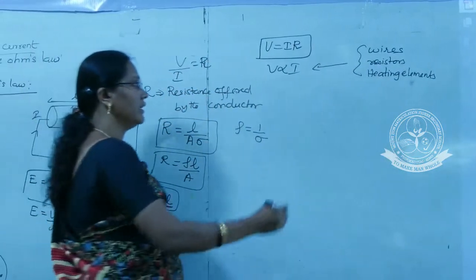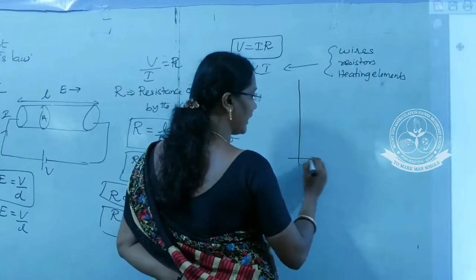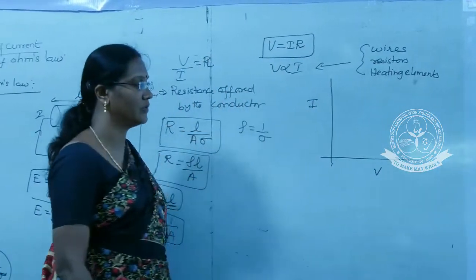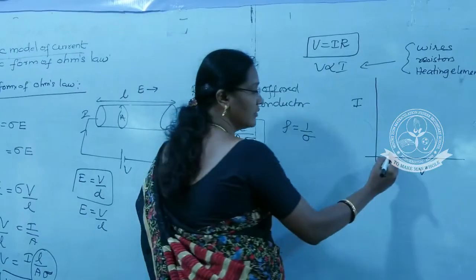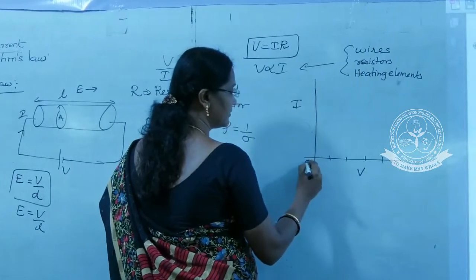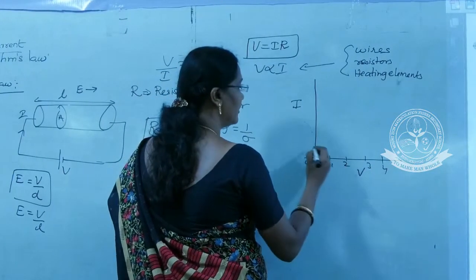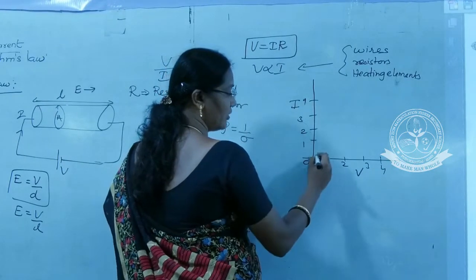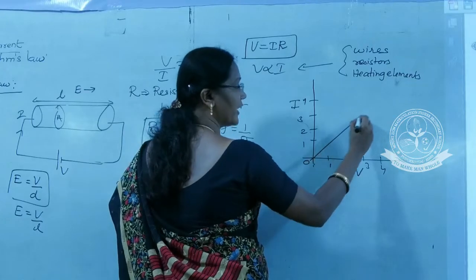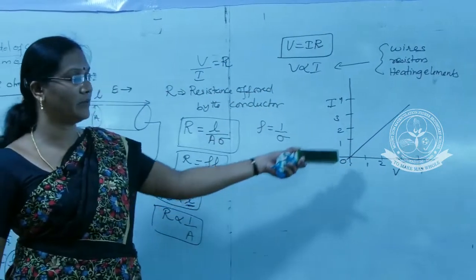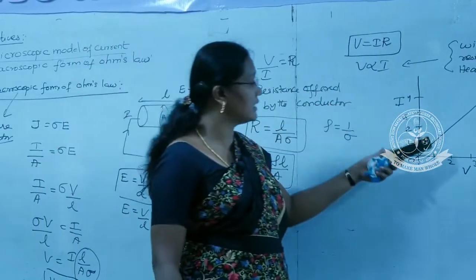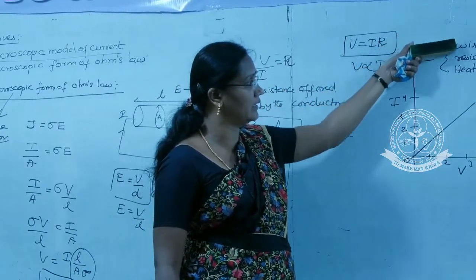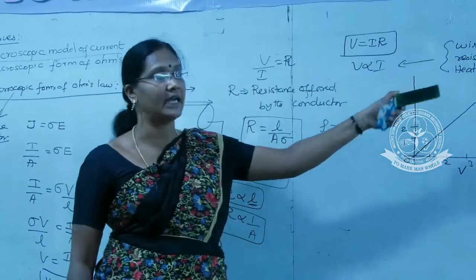That is, if you vary the voltage and measure the current, you will get a straight line like this. This holds good only if you connect a wire, resistor or any heating element.